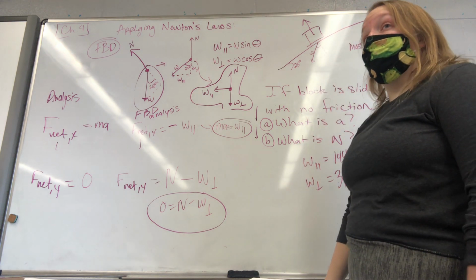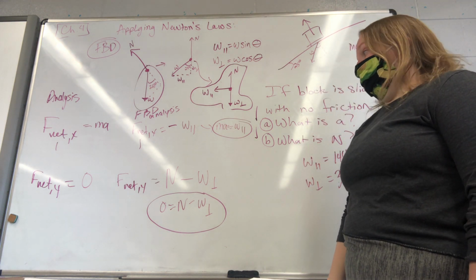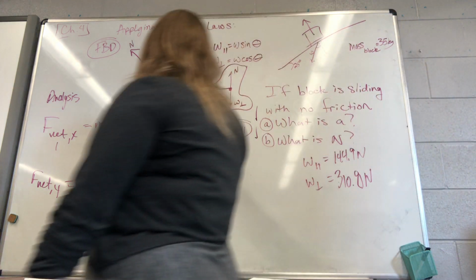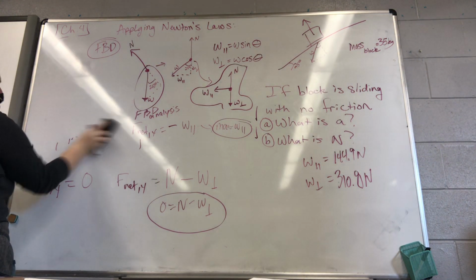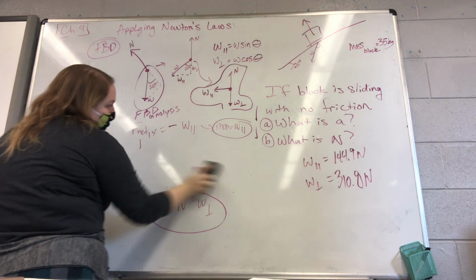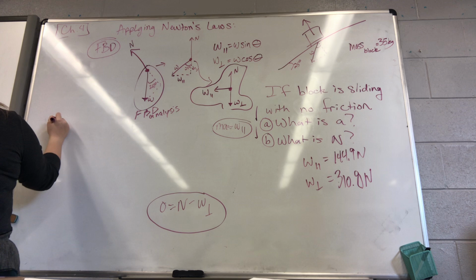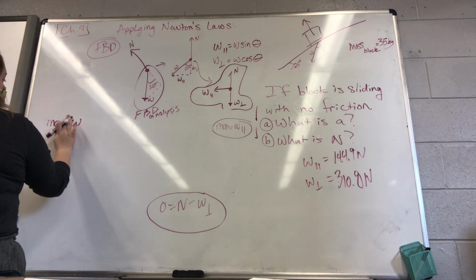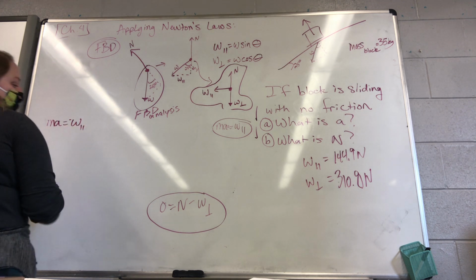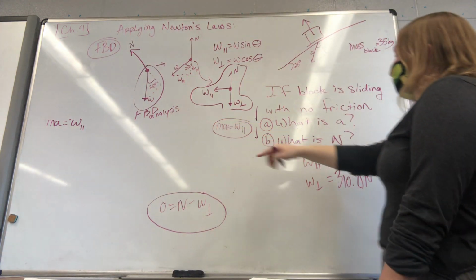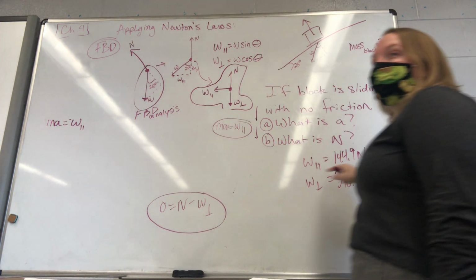Which one do you want to do first? F net x? Sure. Okay, so let's solve. ma equals W parallel. Oops, negative W parallel. Don't forget that. We have a value for W parallel, don't we? So we just have to plug that number in.